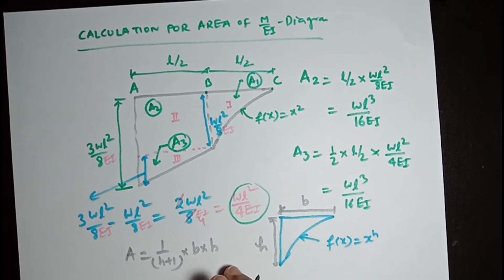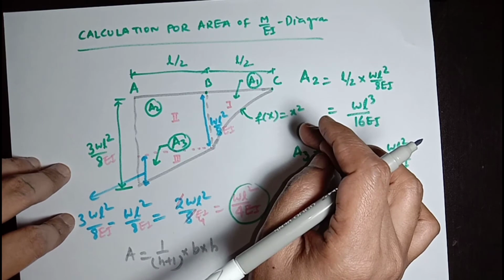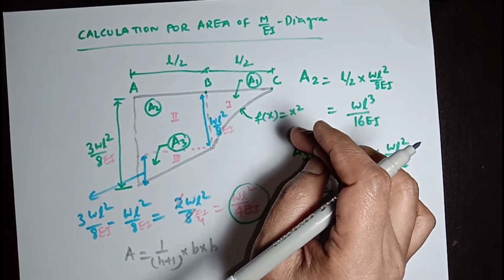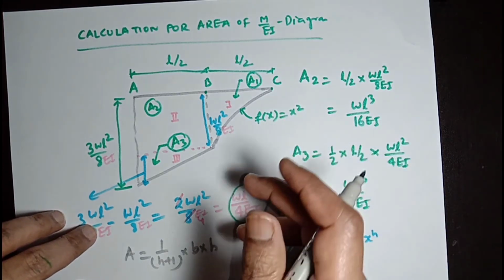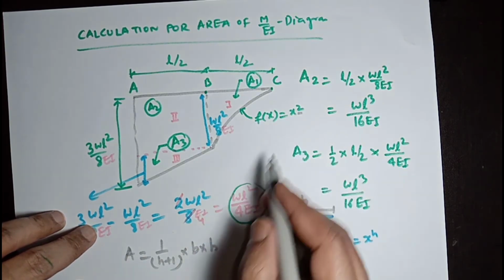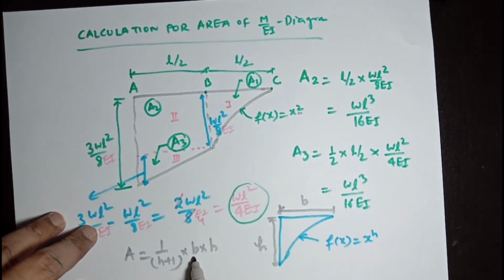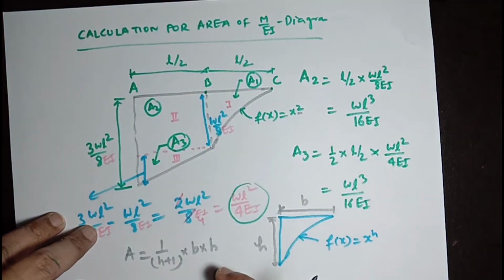Therefore, we will use this expression to calculate the area of this region. As we know, the value of n will be equal to 2. In place of n we will put 2, in place of b this will be L by 2, and in place of h it will be WL square by 8 EI.